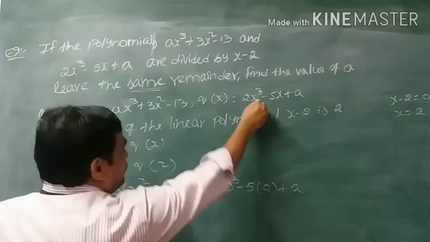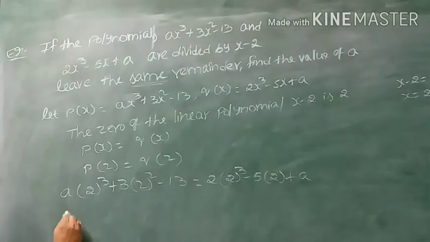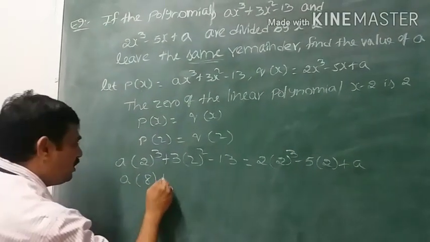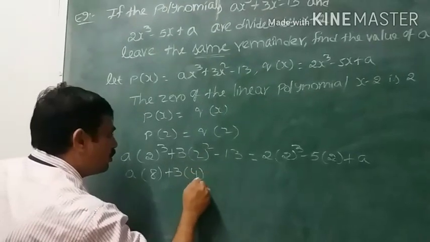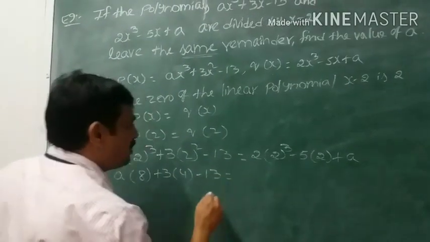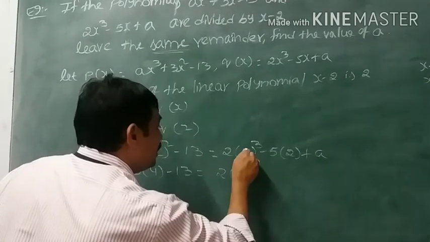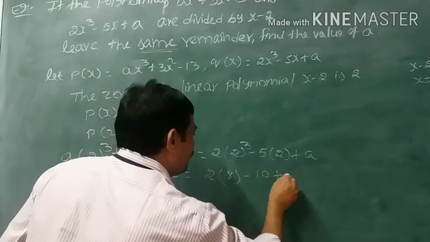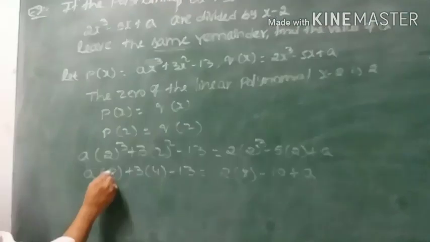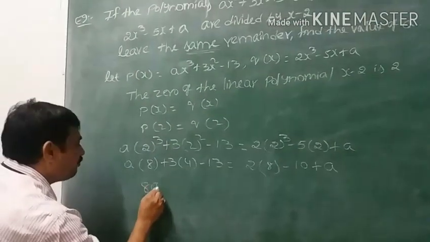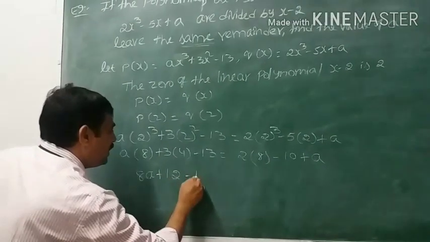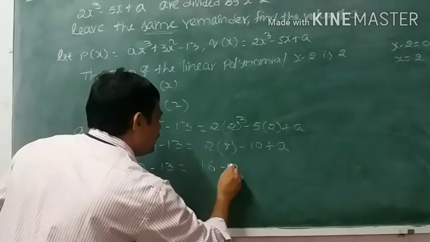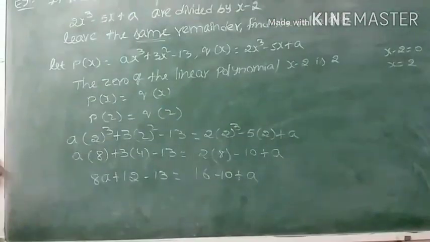Here also in place of x we substitute 2. Now 2 cube is 8, so a into 8 plus 3 into 4 minus 13 is equal to 2 into 8 minus 5 into 2, that is 16 minus 10 plus a. So 8a plus 12 minus 13 is equal to 16 minus 10 plus a.